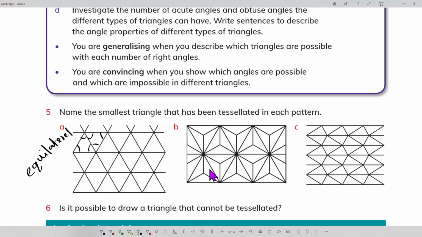And look, here if we observe carefully, this one and this one similar, this one and this one similar, so we can say this is isosceles. And finally this one, each angle is different, in this case scalene.